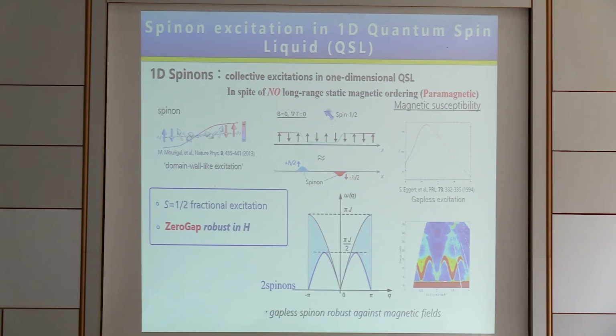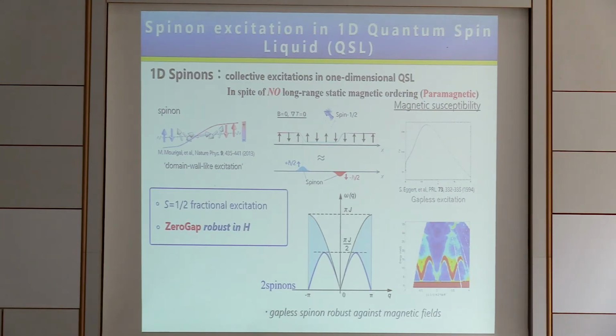This band is confirmed by neutron scattering, and this is the susceptibility as a function of temperature for the spinon system, and it has a positive slope here, which means that a spinon has a positive spin polarization.